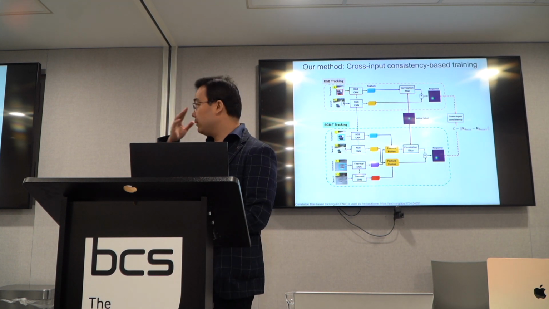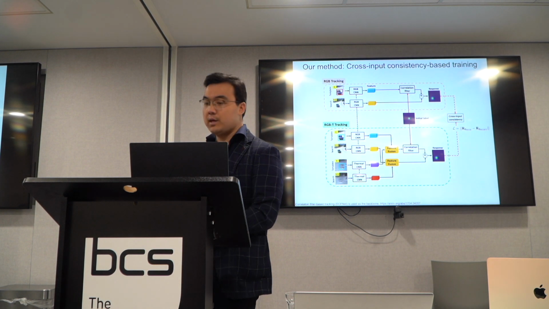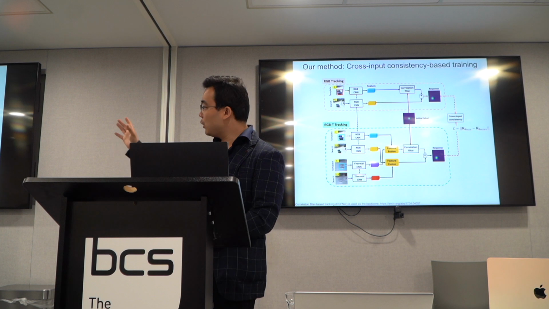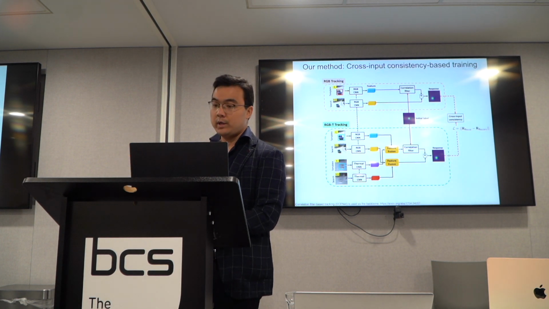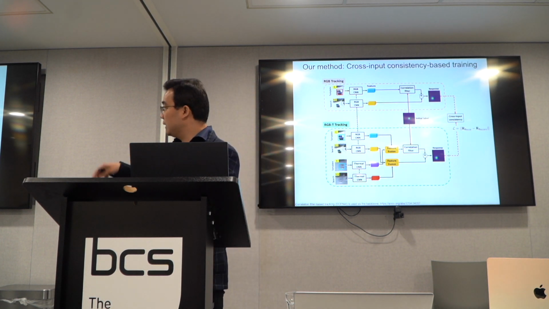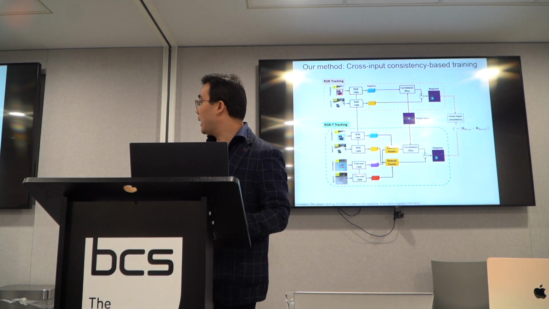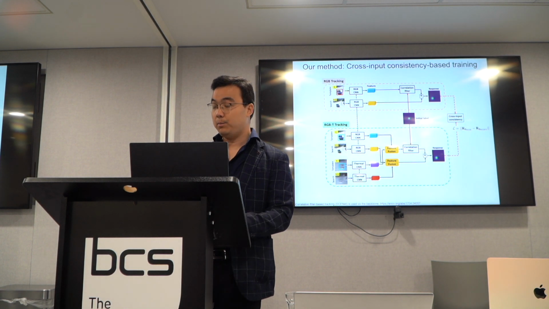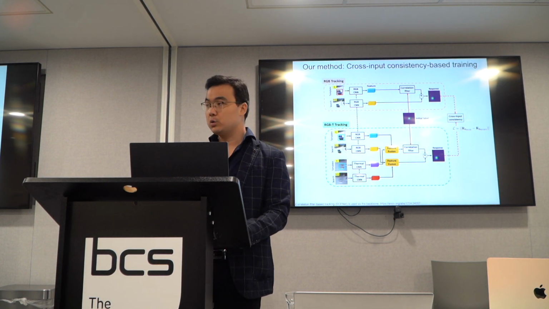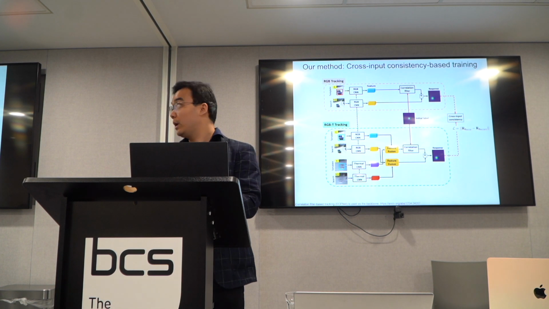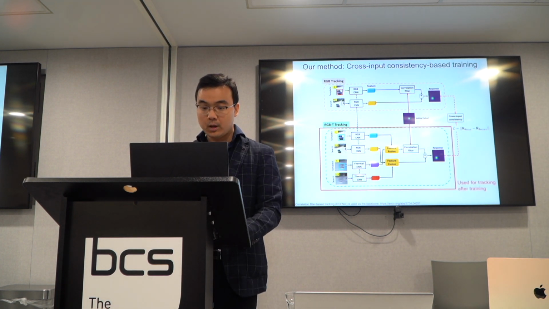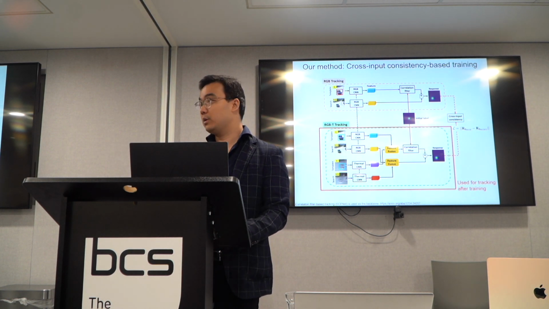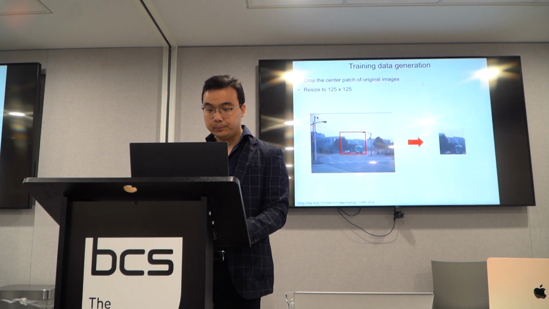In our training stage, we use the same initial label, which is a Gaussian label, for both trackers, and then we generate two response maps from these two trackers. We then compute the cross-input consistency based on these two response maps. Using this loss function, we can train these two trackers together. After training, we use only the RGBT tracker for tracking.